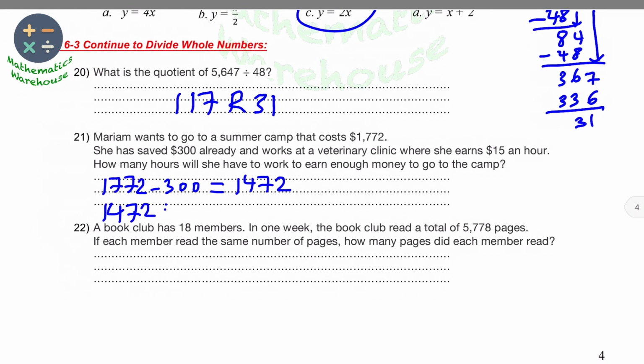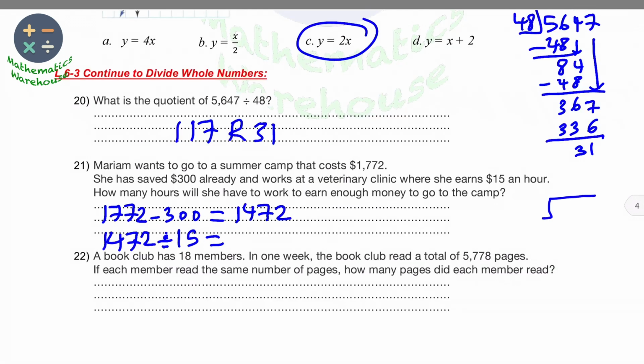Now let us divide 1,472 by 15. 14 divided by 15 cannot be, so we'll take 147 divided by 15. It's about 9. 9 times 15 equals 135. Subtract, it's 12. Bring down 2.